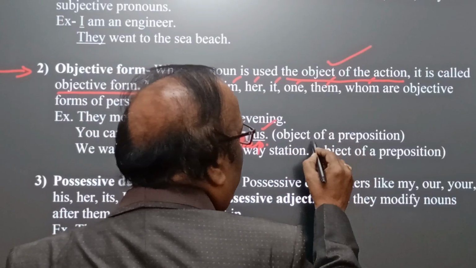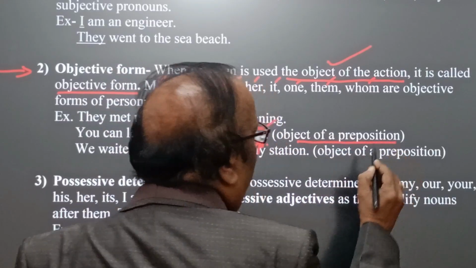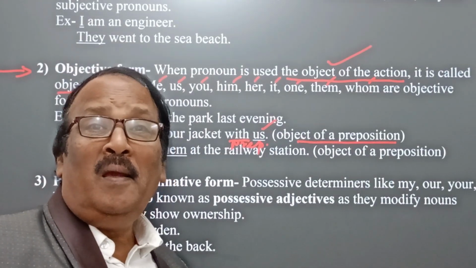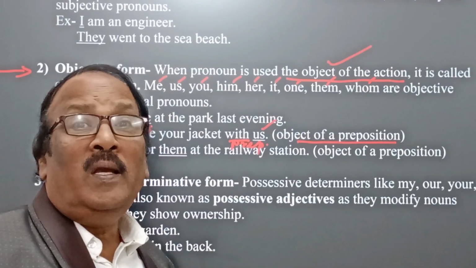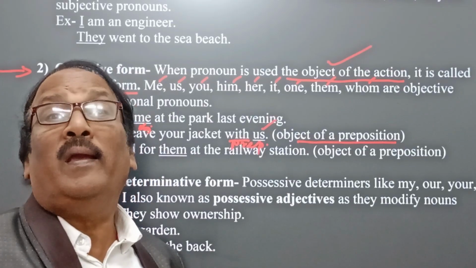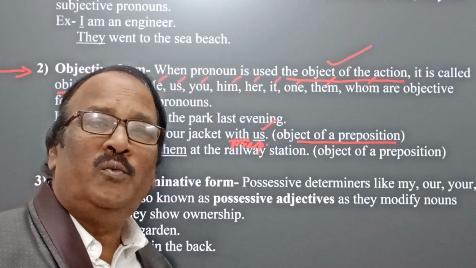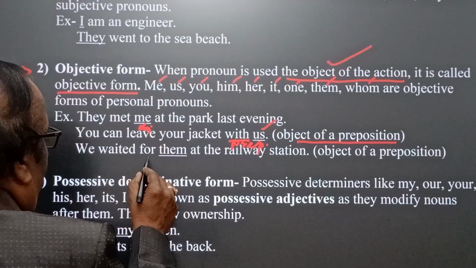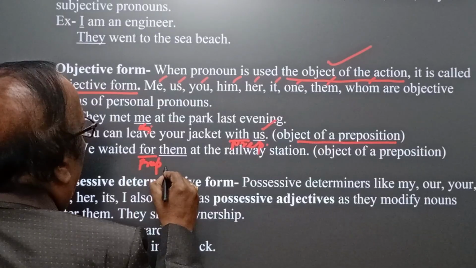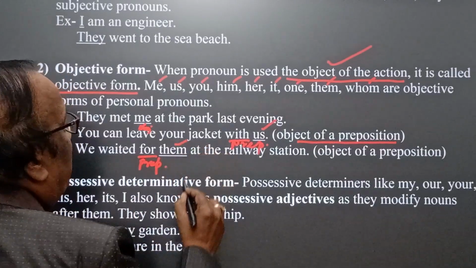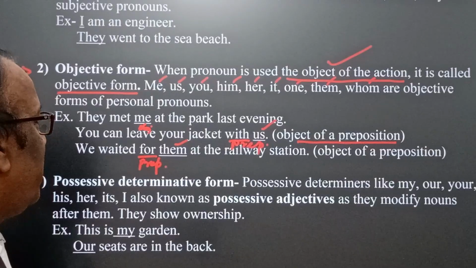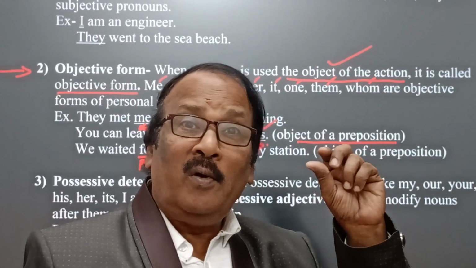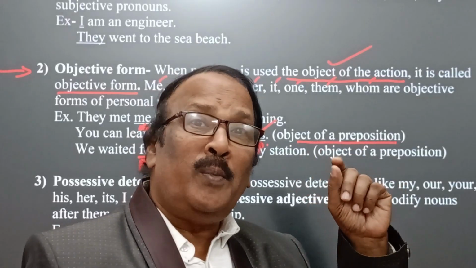Whenever any pronoun form is used after a preposition, this is what we call object of a preposition. We waited for them: for is the preposition, and them is here the object of a preposition.